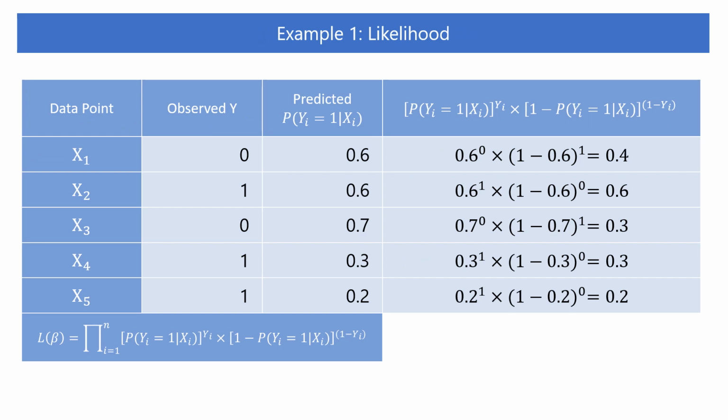Suppose the dataset consists of 5 data points, including x1. Calculate the likelihood for each data point in the same way. Then, multiply all the likelihoods for each data point. This is the likelihood of the model. The higher the value of the likelihood, the better the model explains the observed data. The likelihood of this model is 0.004.